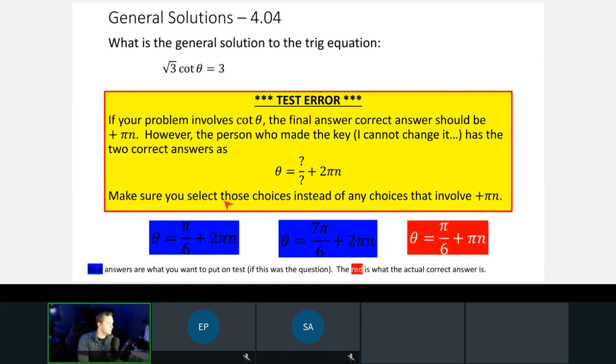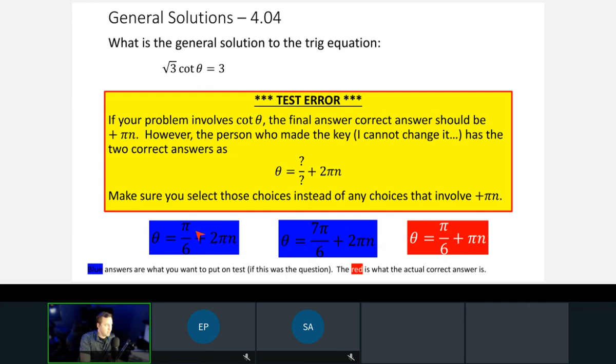The test expert who wrote the question did not agree with me, even though I wrote him back saying there's no source that says this is okay. He blocked me, I think. But on your test, it's a test error. So in order to get points for it, so it grades it correctly, you have to select the wrong answer to make it right. So you have a 1 in 3 chance to get the question involving cotangent.